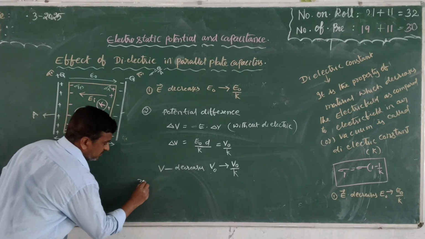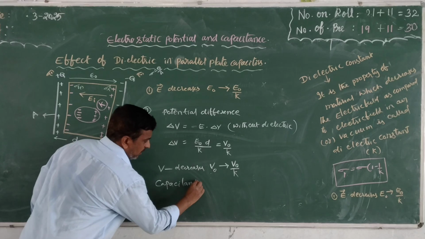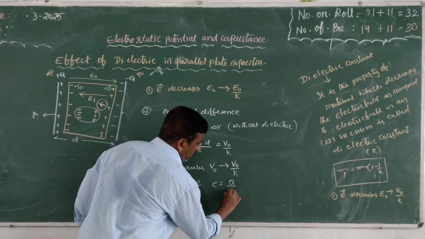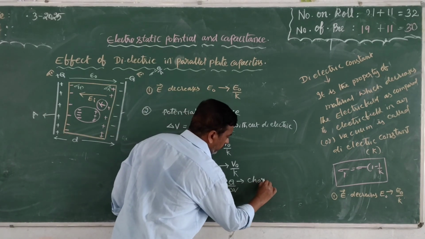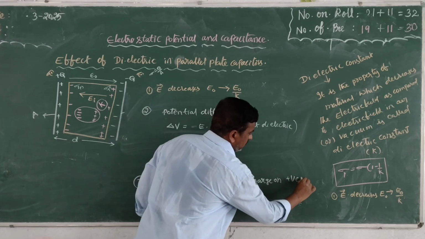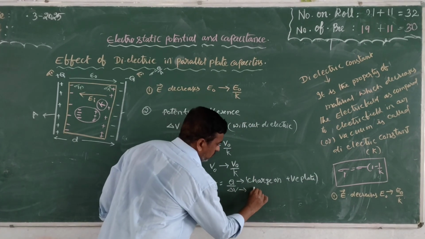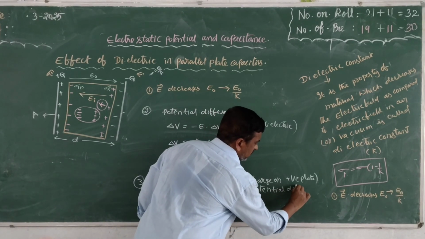What about capacitance? The formula is C equals Q by delta V, where Q is the charge on the positive plate and delta V is the change in potential, or potential difference.